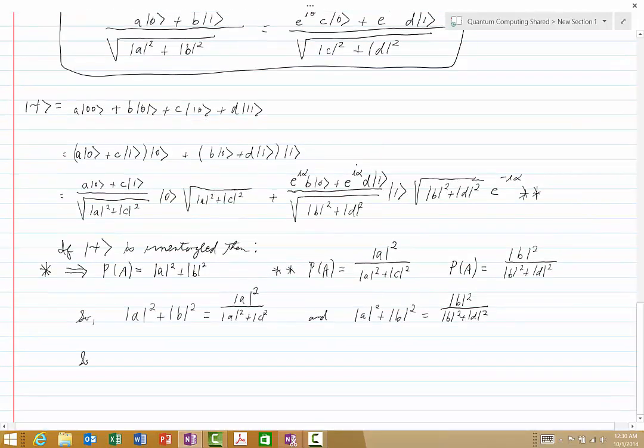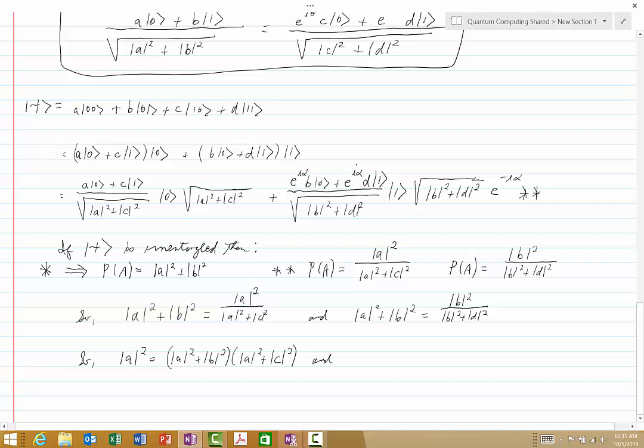And now doing a little bit of algebra on that tells us that magnitude of A squared is equal to magnitude of A squared plus magnitude of B squared times the magnitude of A squared plus the magnitude of C squared.